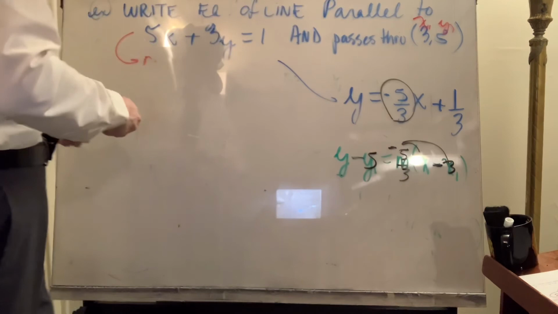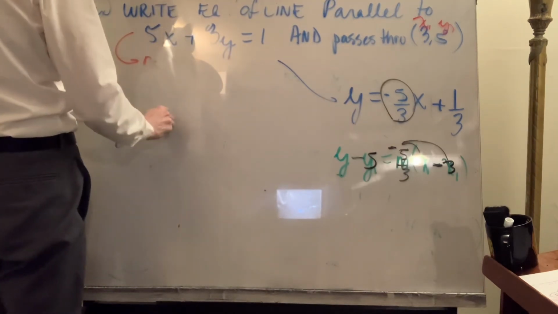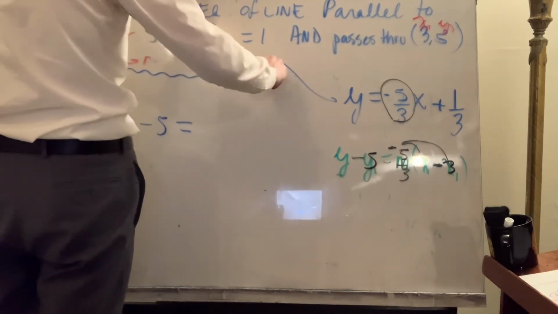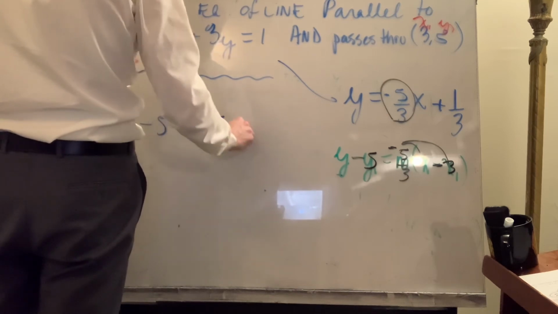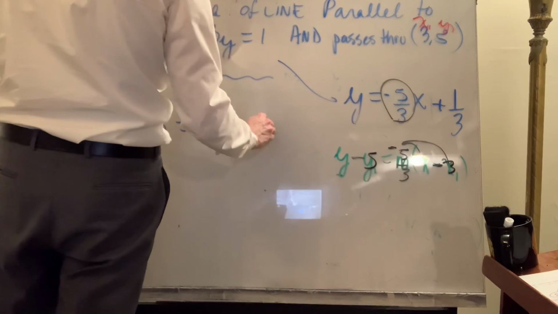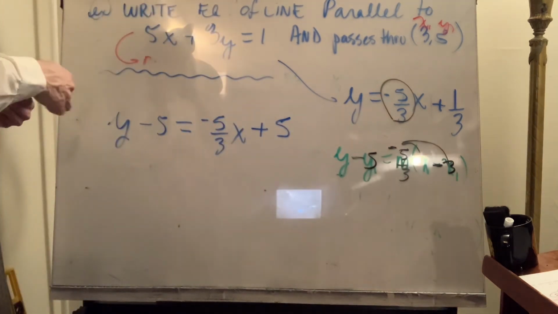The effect is that this becomes y minus 5 is equal to negative 5 over 3 with an x attached to it, and then when you distribute negative 5/3 to that 3, it becomes positive, and the 3's cancel, leaving you with just 5. Right.